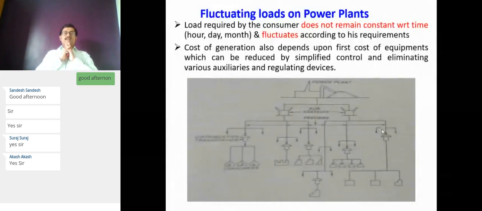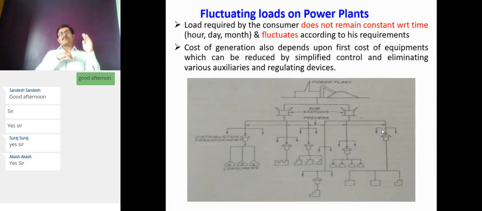The diagram shown here shows the different steps, which essentially highlight how the electricity flows from the plant where it is generated till it reaches the end consumer. At the top it is shown that it is one type of power plant, a generating station.